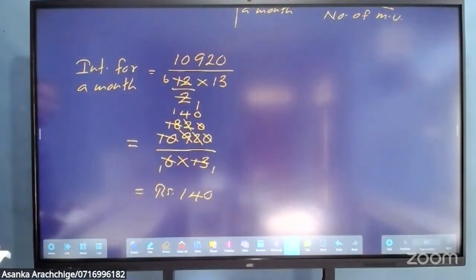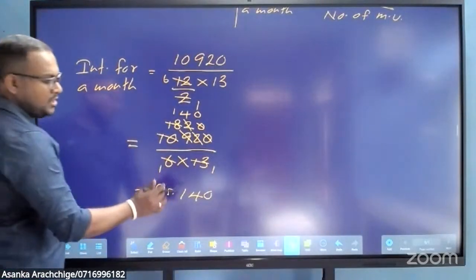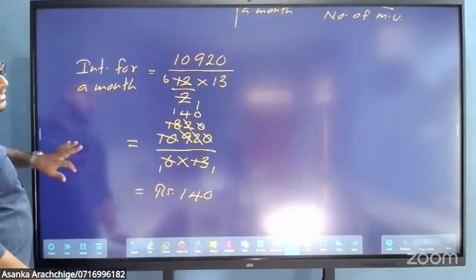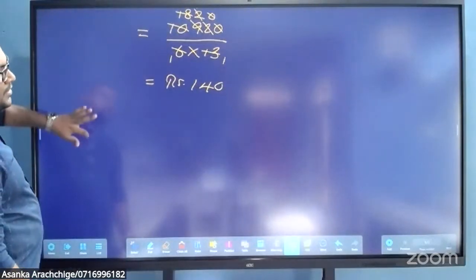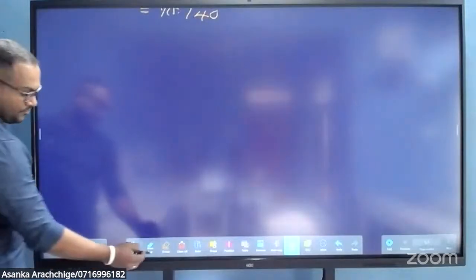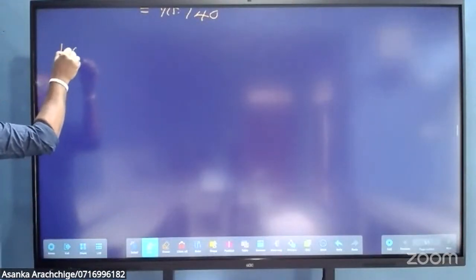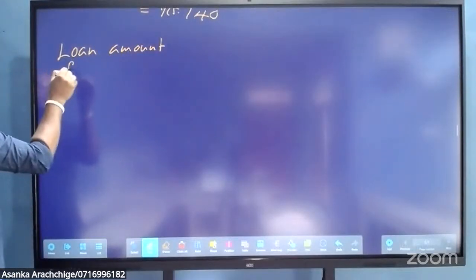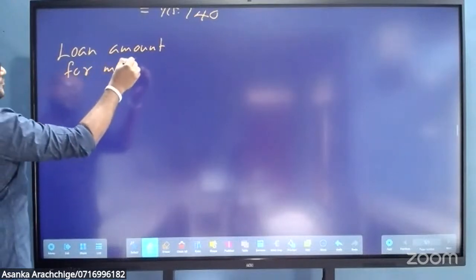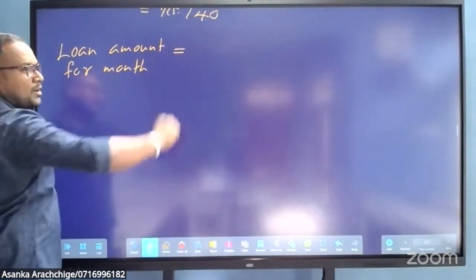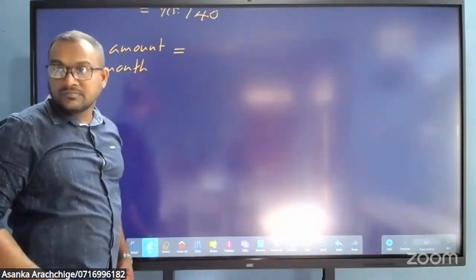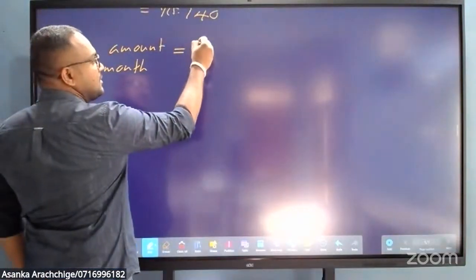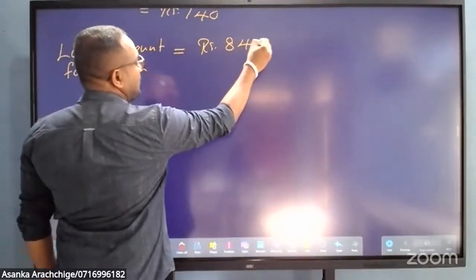Therefore, now we have to find the loan amount for a month. Okay, what is the total loan amount this person has taken? 84,000 rupees.